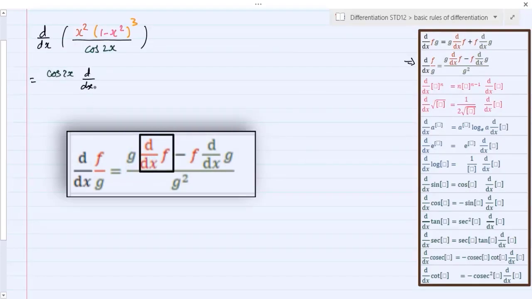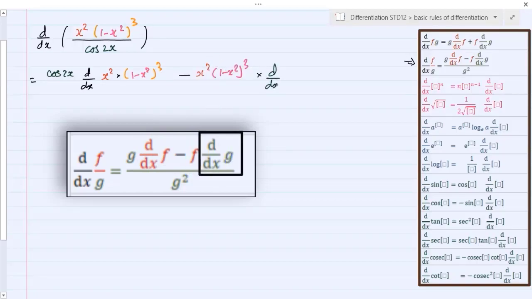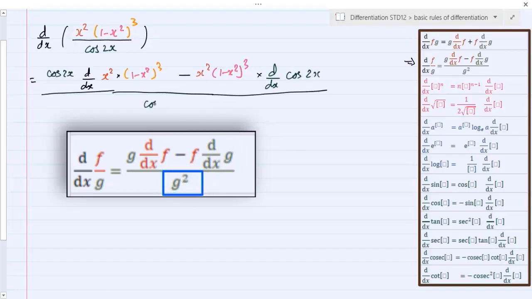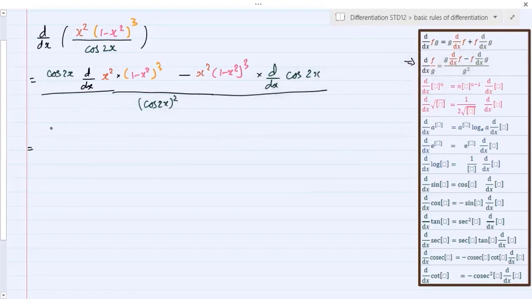We have to differentiate your numerator, which is x square into 1 minus x square the whole cube, minus, in second term, your numerator will be as it is. We just have to differentiate your denominator, whole divided by denominator square, or we can say cos 2x the whole square. Now let's simplify. Your cos 2x is as it is.